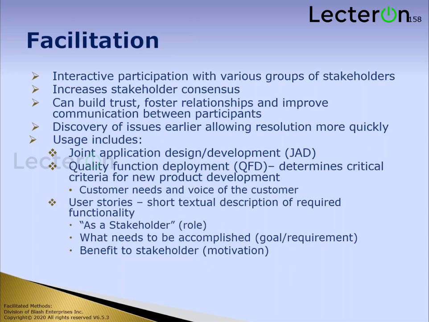But this is the first time the PMBOK really identifies what a user story is. And the user story has three things. As a stakeholder, in other words, who this pertains to, what do you need to accomplish, and the benefit or why. Okay. So this as a stakeholder is actually what we call a persona.